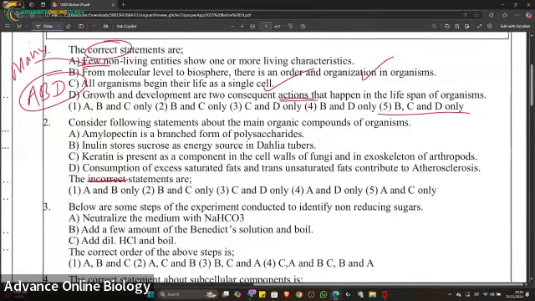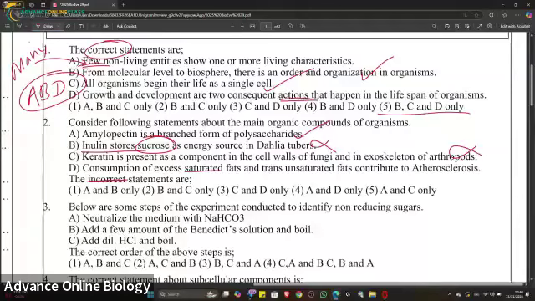Amylopectin is a branched form of polysaccharide. Amylose and amylopectin, amylopectin branch is correct. Inulin stores sucrose as energy source in dahlia. Inulin stores sucrose, wrong. We can't agree with that. Keratin is a component in the cell wall of fungi. Wrong. The exoskeleton of arthropods has chitin, not keratin. Consumption of excess saturated fat and trans unsaturated fat contribute to atherosclerosis.